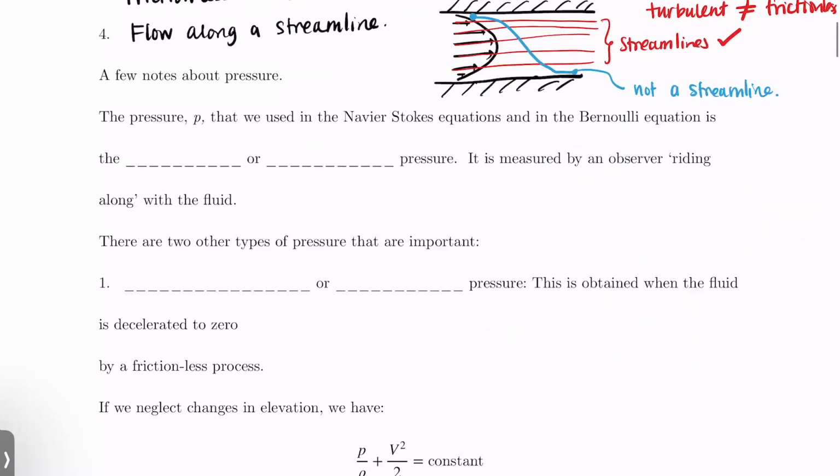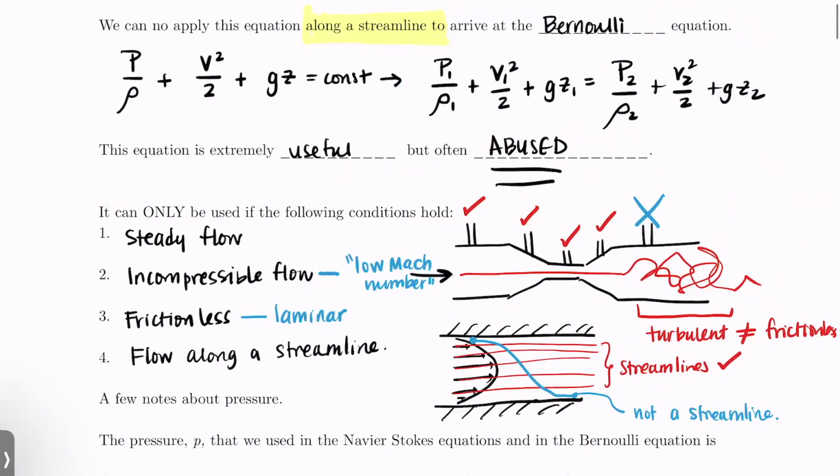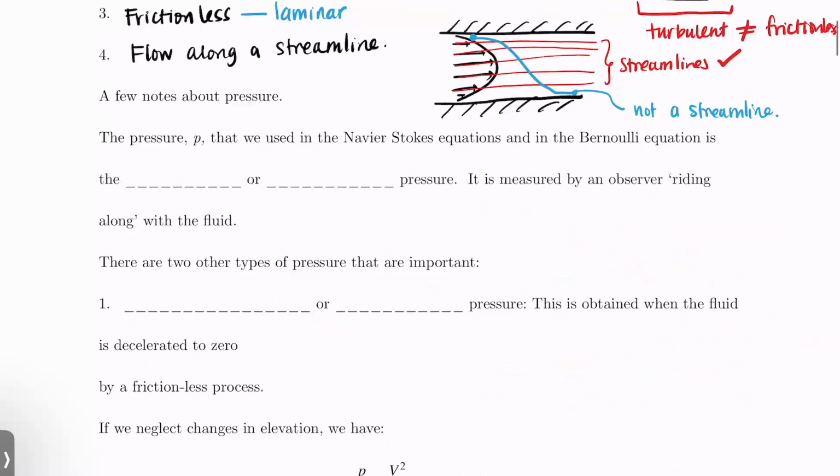Anyway, okay, so that being said, pressure comes up in this equation. As you can see, we have pressure over density. There are a few things I want to talk about regarding pressure before we dive into using the Bernoulli equation.